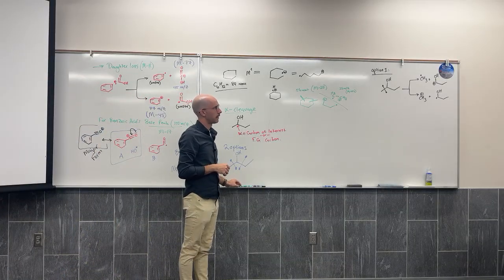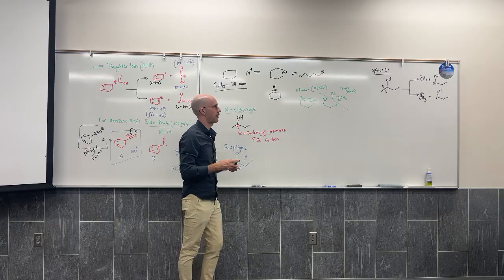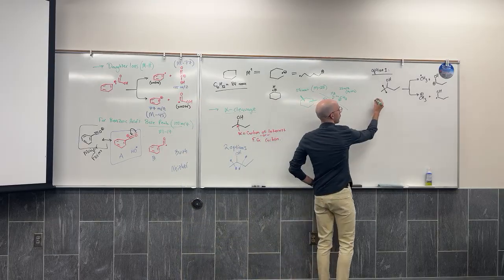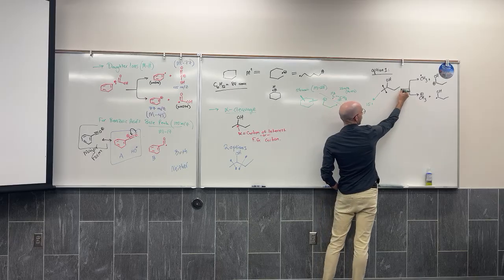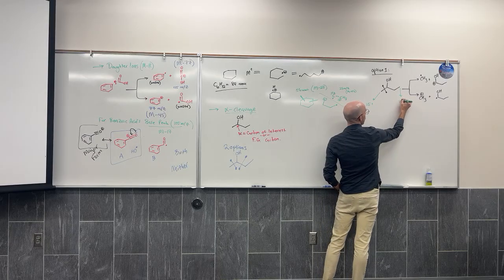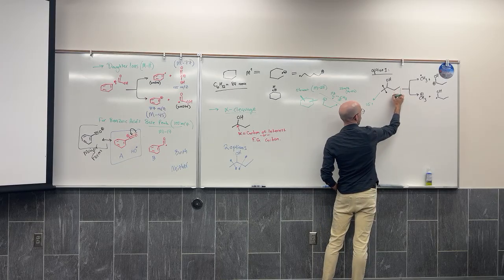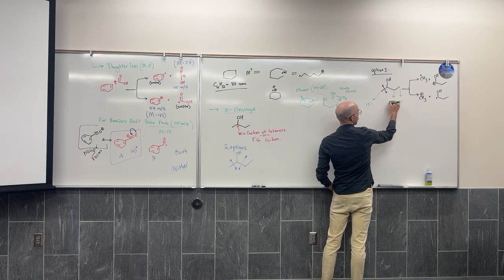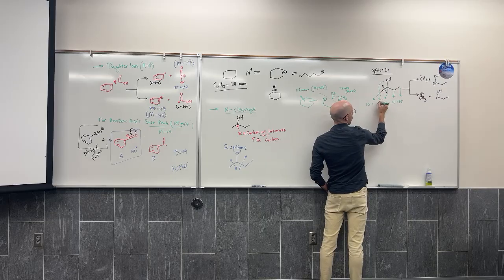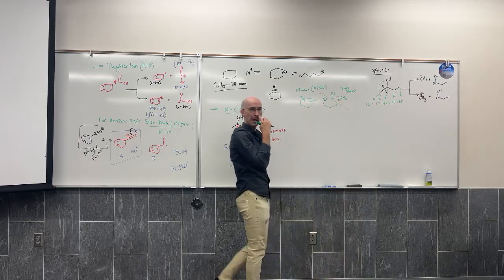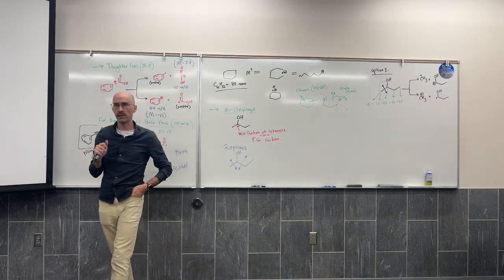All right, I'm going to do some quick math for this structure. 15 for a CH3, 15 for a CH3, 14 for a CH2, 13 for a CH, and 17 for the OH.